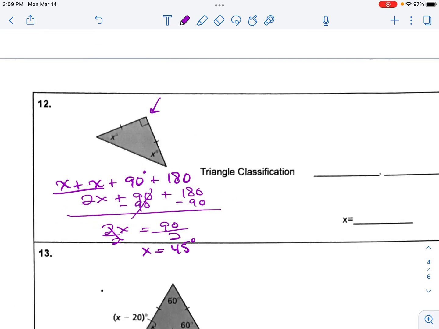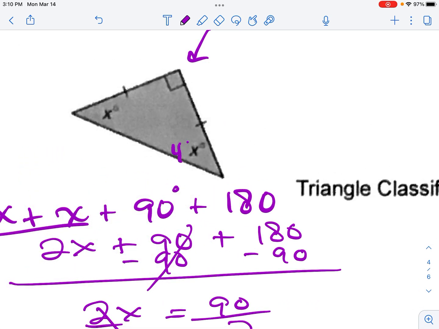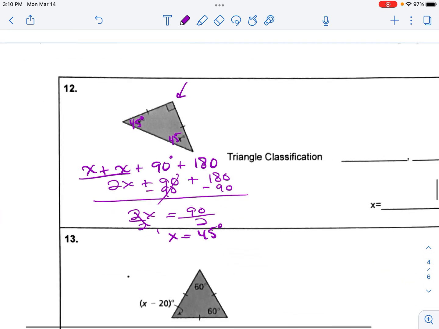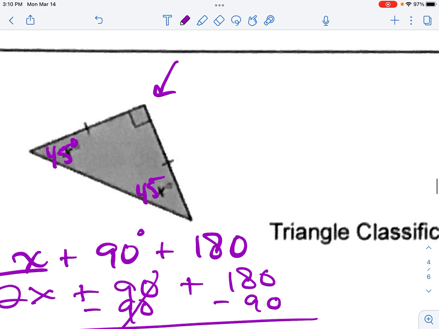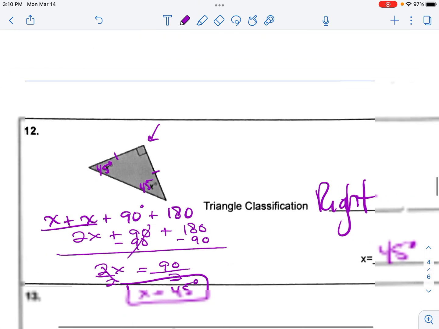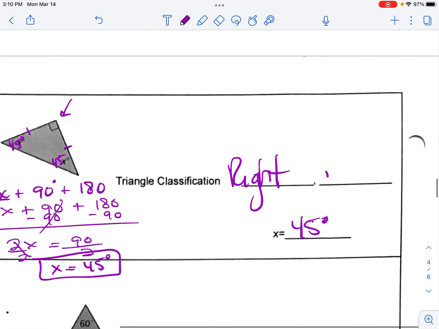Okay, so this one is 45, this one is 45, the other one is 90. So x is 45. It is clearly a right triangle. And then if we look at these tick marks, two sides have the same measure, which means it's also identified as isosceles.